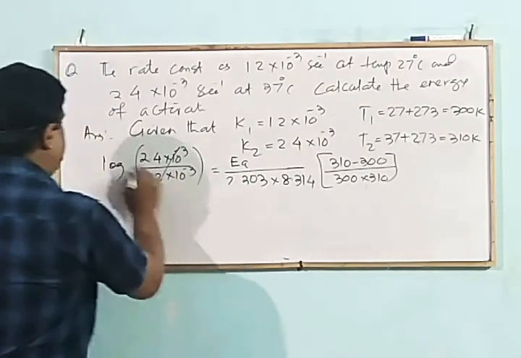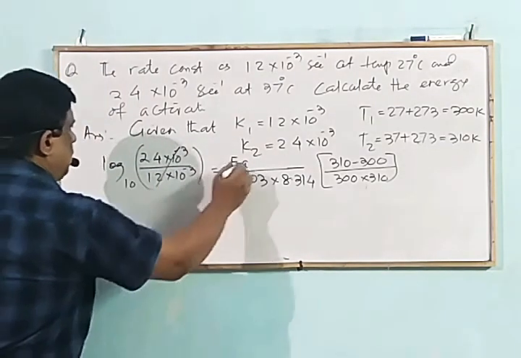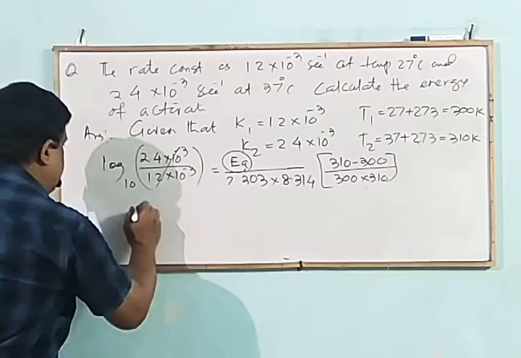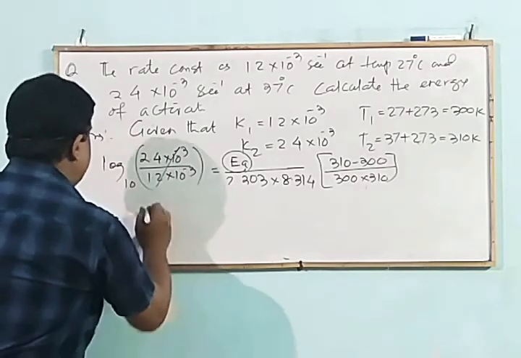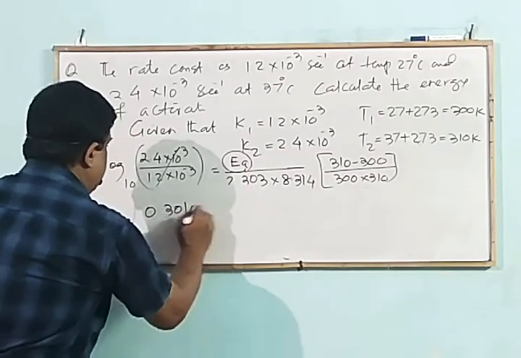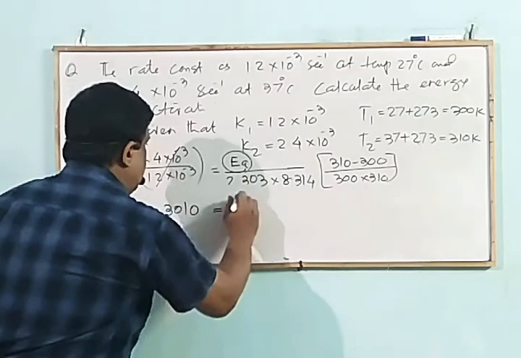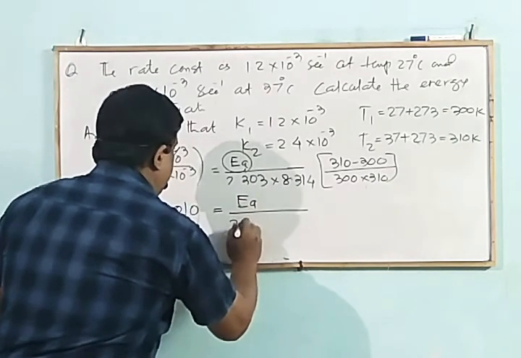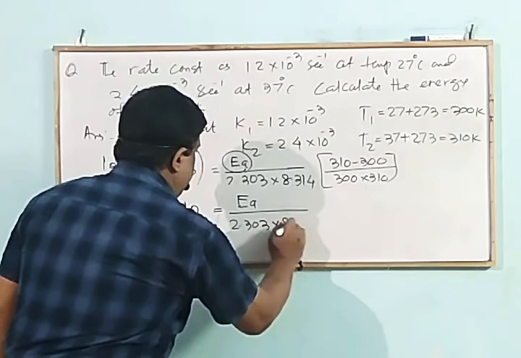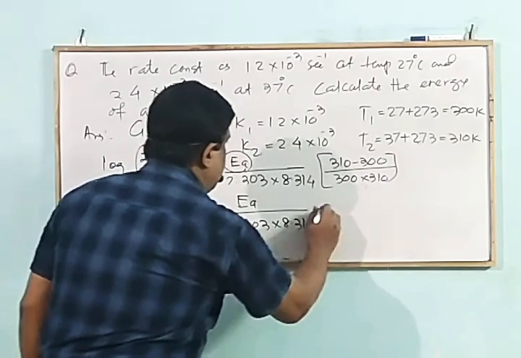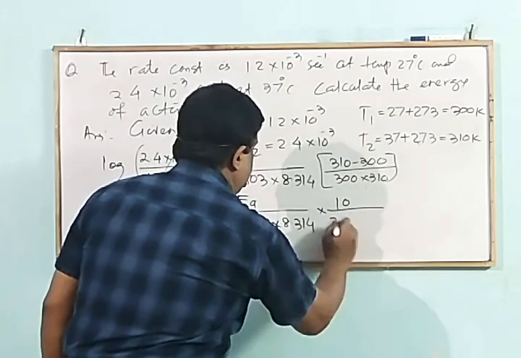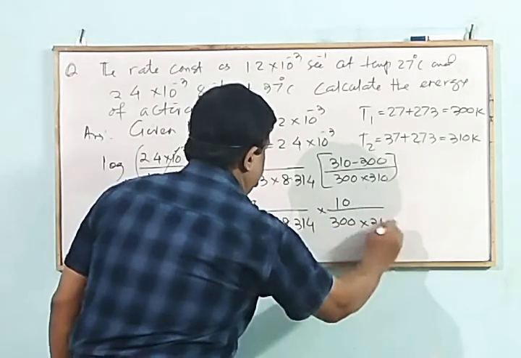This cancels out, that is log 2. Then we calculate EA. The log 2 value is 0.3010, equal to EA by 2.303 into 8.314 into 10 by 300 into 310.